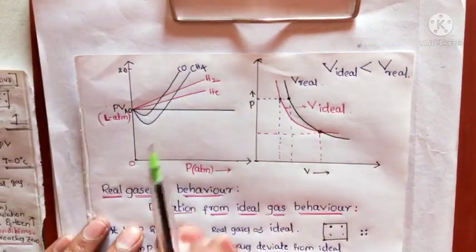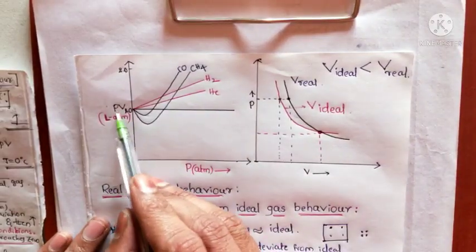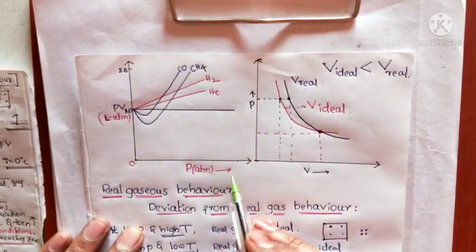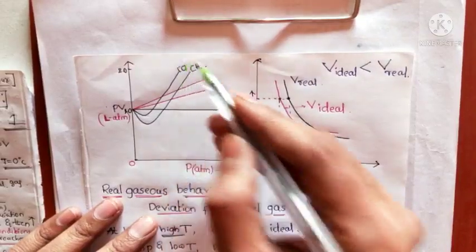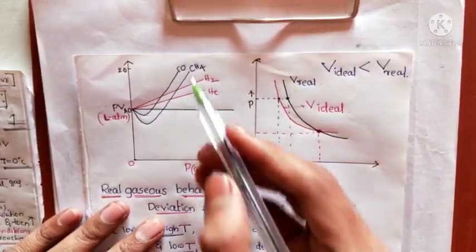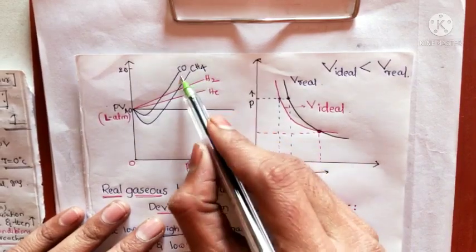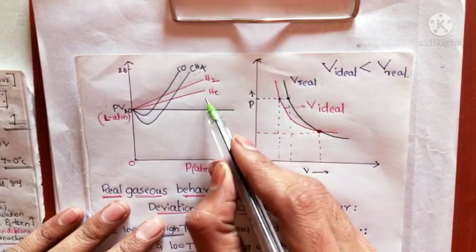Here the product PV is taken on the y-axis and the pressure is taken on the x-axis. We find the behavior of carbon monoxide, methane, hydrogen and helium.